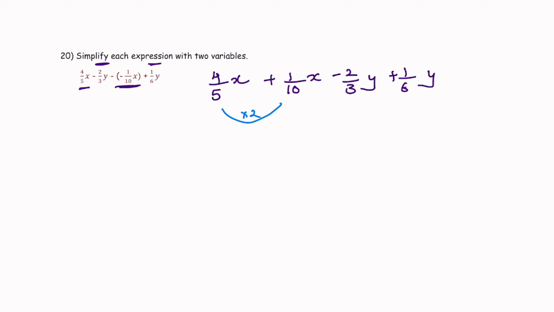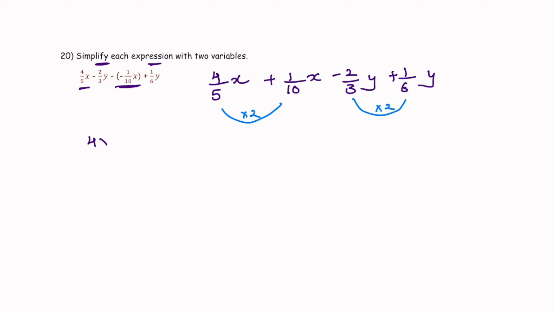Question 20. Okay, so that's x, and y, and y. 4 over 5x. Here this is minus times minus, so that's plus 1 over 10x, then minus 2 over 3y, plus 1 over 6y. Now here the denominators are not same, so we'll have to equalize it. But they are simple ones, so 5 to 10 is times 2. Same thing here, 3 to 6 is times 2.